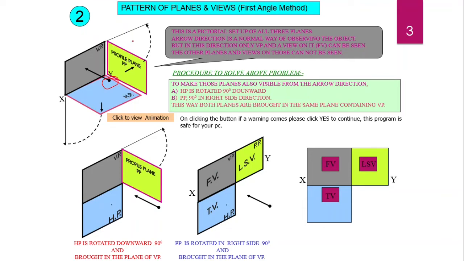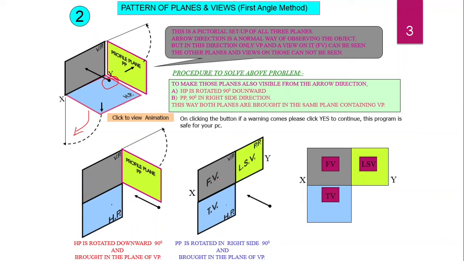Here, if we rotate that profile plane like this and this horizontal plane like this, we can rotate the horizontal plane in clockwise direction or in the downward direction, and we can rotate the profile plane in anti-clockwise direction. Then we will get a plane view of the first quadrant like this.